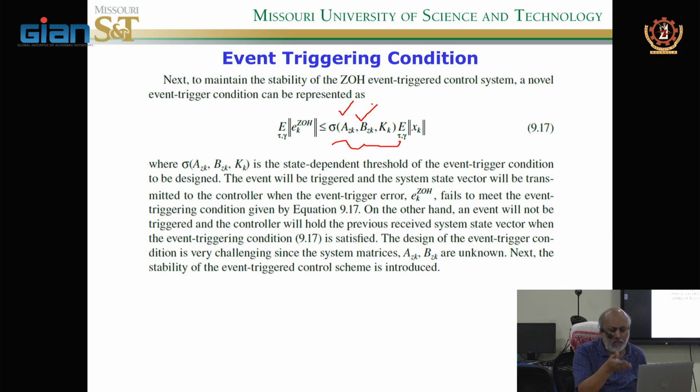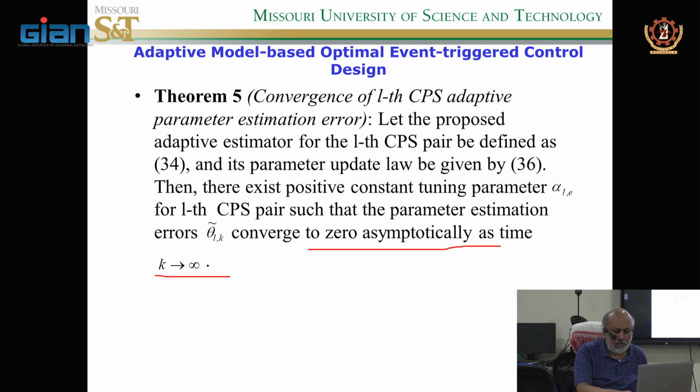So here we found a way to construct the threshold even if you don't know AZK and BZK. That threshold is dependent on the system dynamics. In the adaptive event triggered approach, you saw that I'm using an estimator.